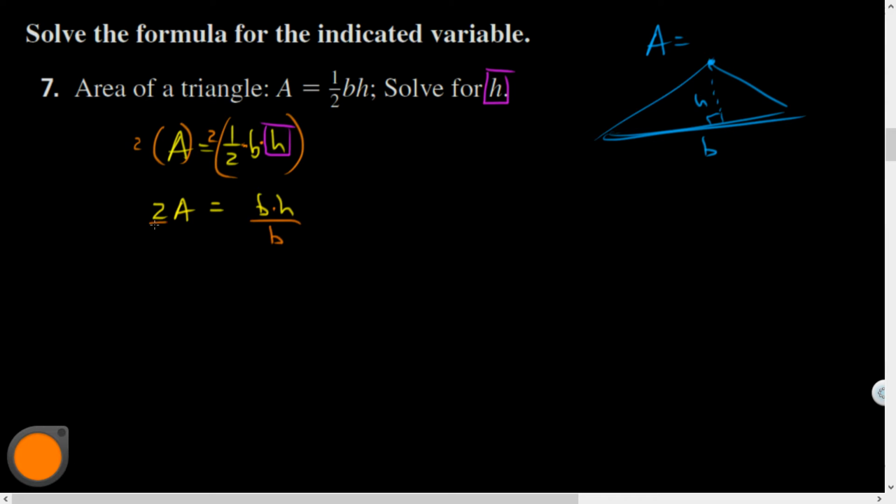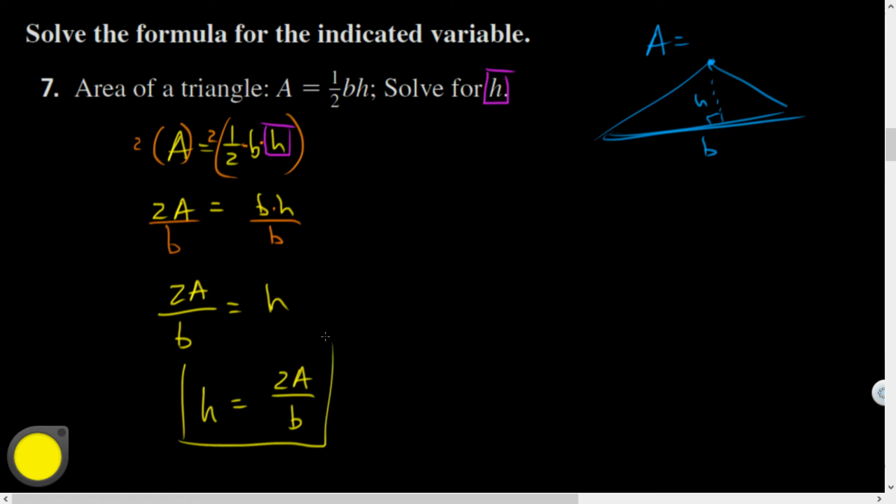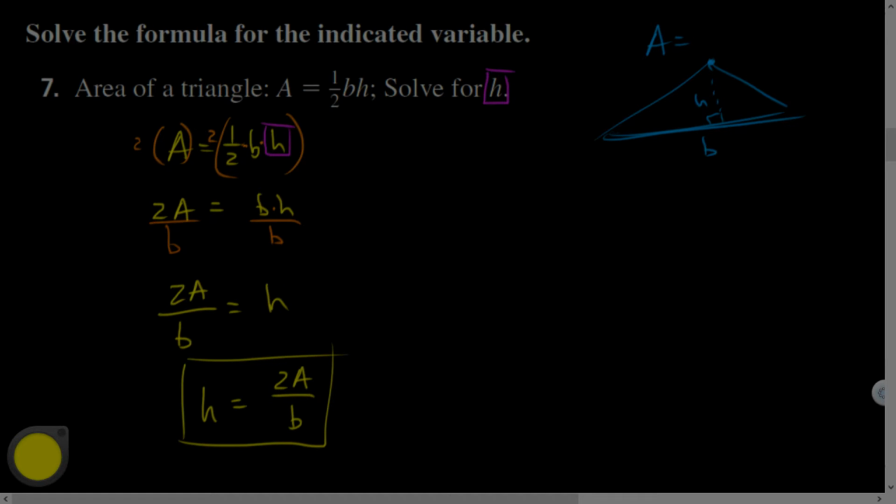Here it just says BH, so I'm going to divide both sides by B. So I got 2A over B is equal to H. And then we'll just flip it around for fun. So H equals 2A over B. All right. Ooh, I'm going to do question 8 with you as well.